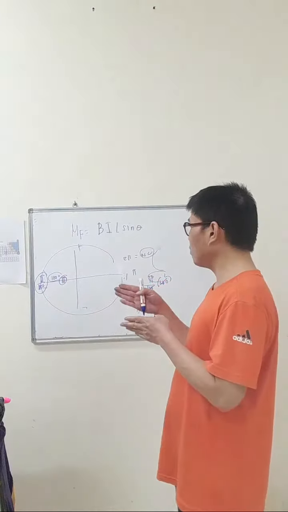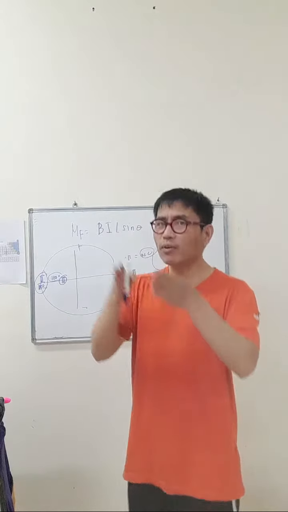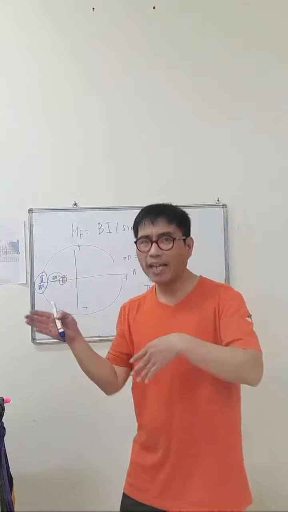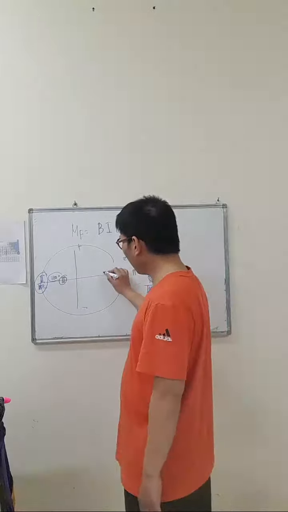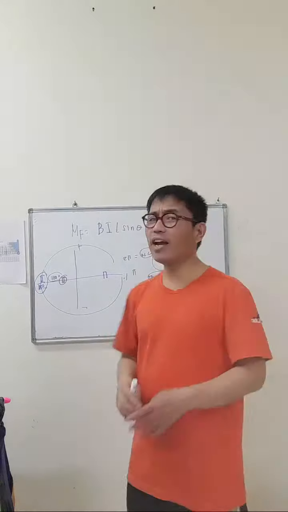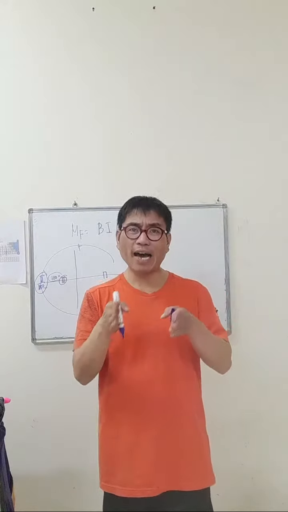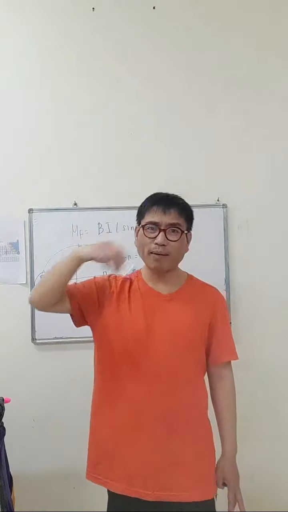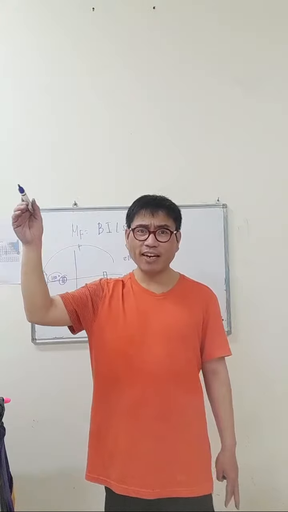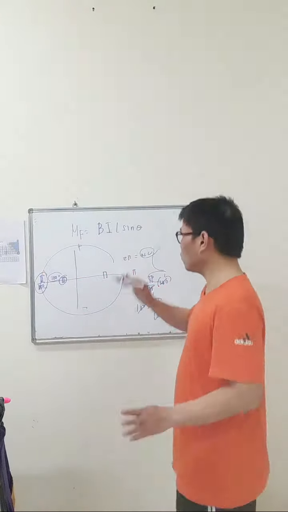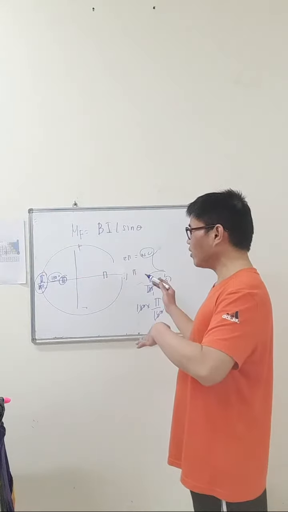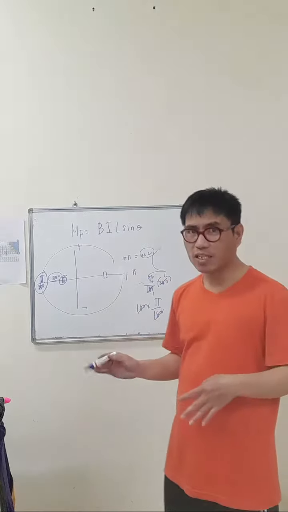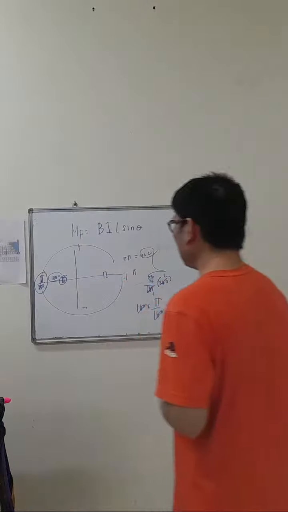That's why we say 2 pi, because 180 plus 180 is equal to 2 pi. So that's why we have circumference 2 pi, because that is the complete round of the pipeline, the outlet and the inlet. So that's why we have 2 pi r, the radius, which is the circumference of your circle.